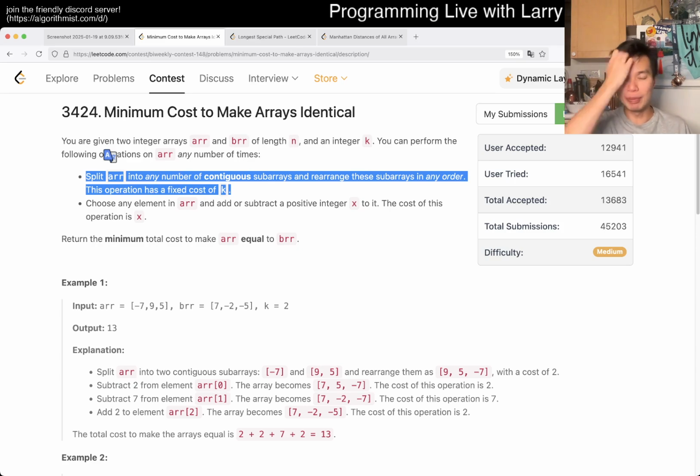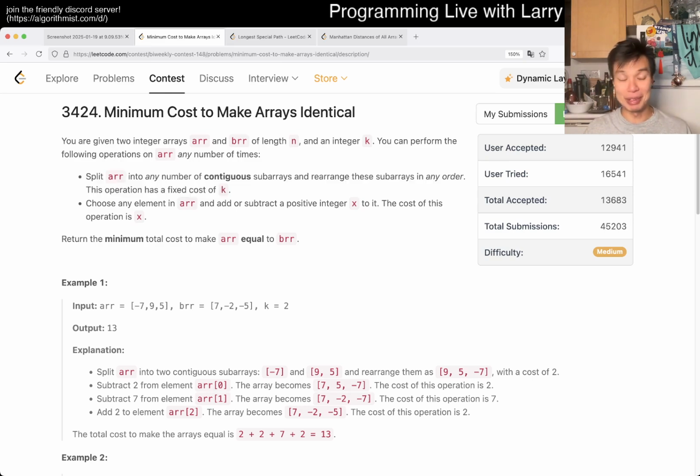It is intuitive: it's matching the smallest with the smallest, and then you kind of induct from there. I'm not going to do it in this video because maybe I'm just being lazy today. But it is greedy, and as a result, it is good practice to use the exchange argument on this problem.